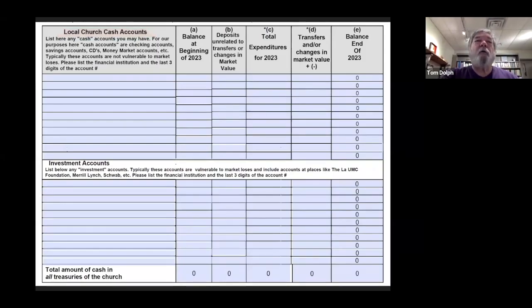The second category is investment accounts. These are for your long-term investments. So these are places like the foundation, Merrill Lynch, all those other companies that manage stocks and bonds and portfolios. Most of these do have a greater market risk than the liquid accounts.